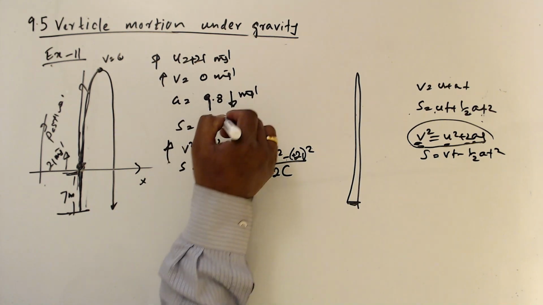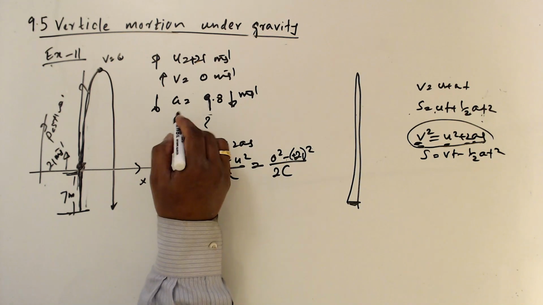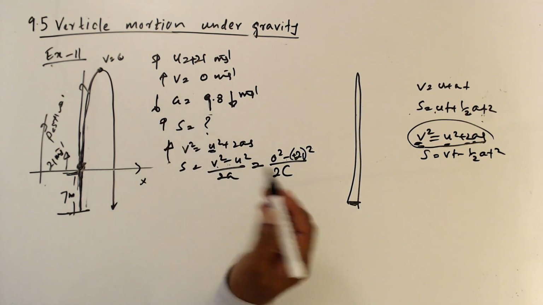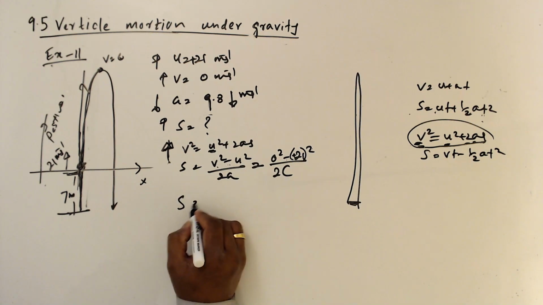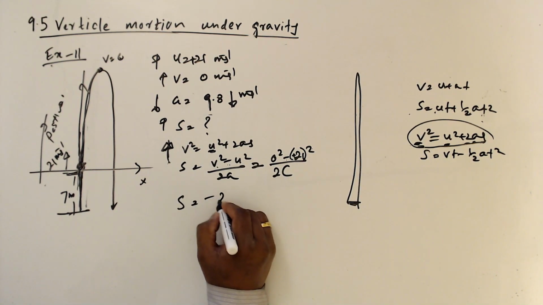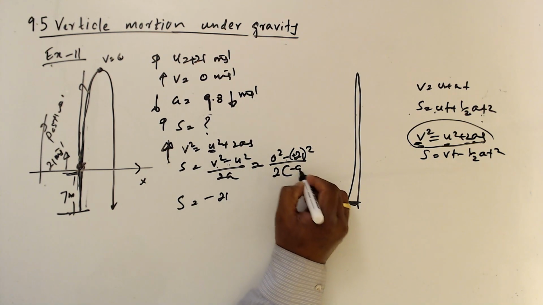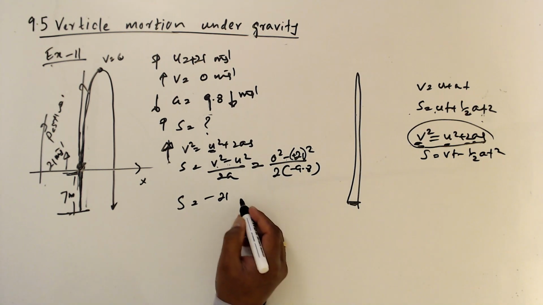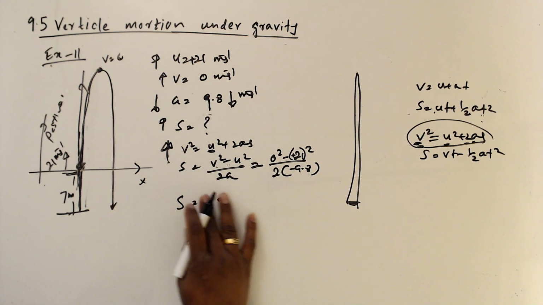And a is in this direction, and s we are going to get as the upward answer, so we put the equation upward. So s equals minus 21 square, this is going to be negative 9.8, this is going to be 441.